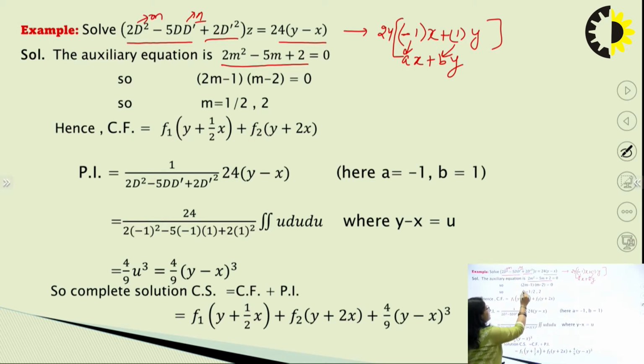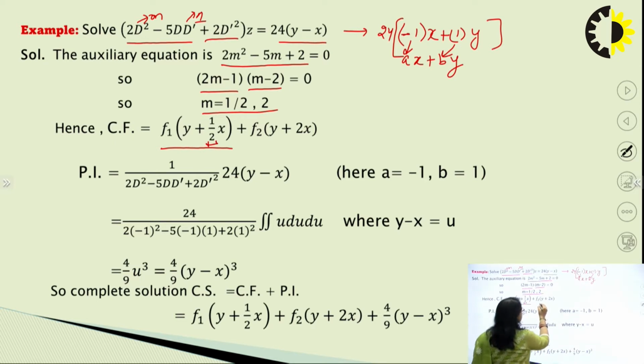So we have (2m minus 1)(m minus 2) as the factors, which gives m equal to 1 by 2 and 2, which are both distinct. Therefore, according to case 1 of the complementary function, CF will be given by a function of y plus 1 by 2 x. That means the first value of m is considered here, and then a function of y plus 2x. So the second value of m is considered with x.